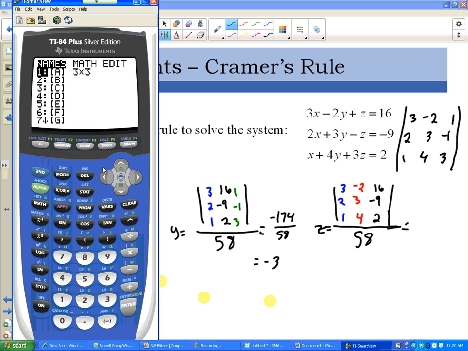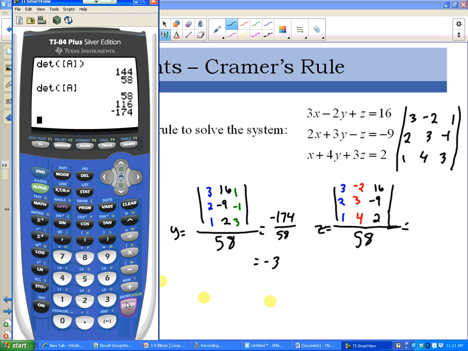And then the last one, second matrix edit, I get 3, negative 2, 16, 2, 3, negative 9, 1, 4, 2.